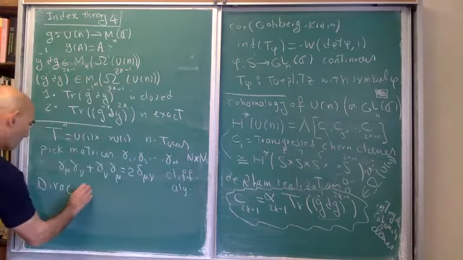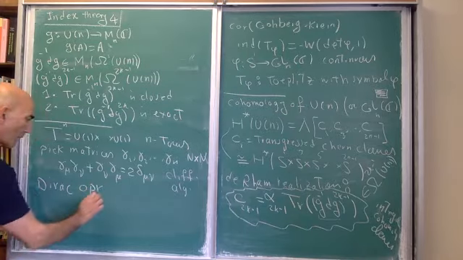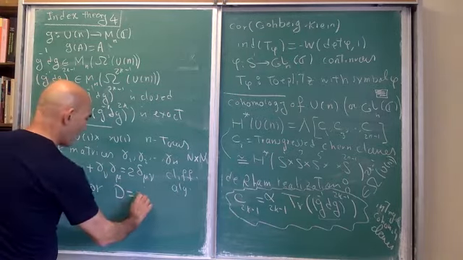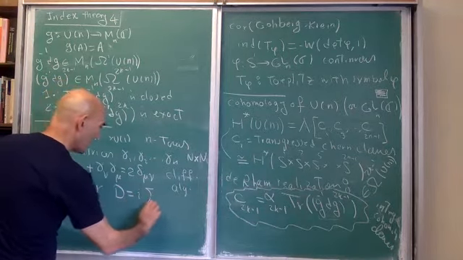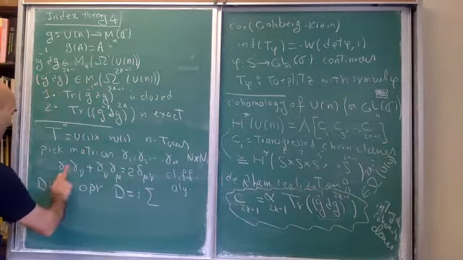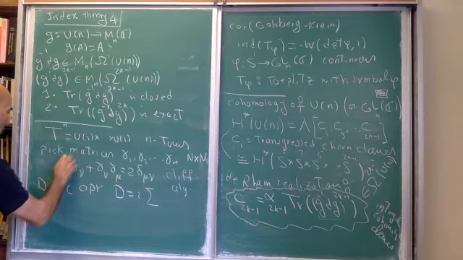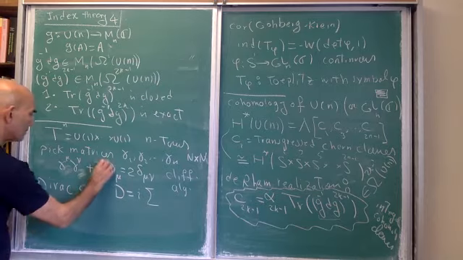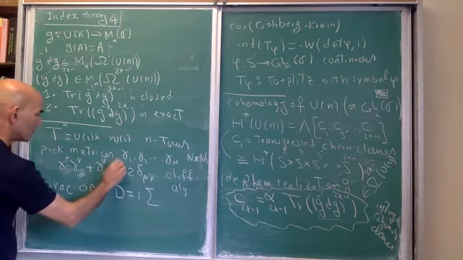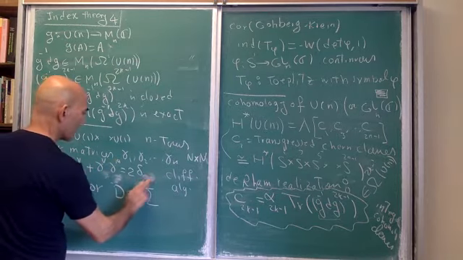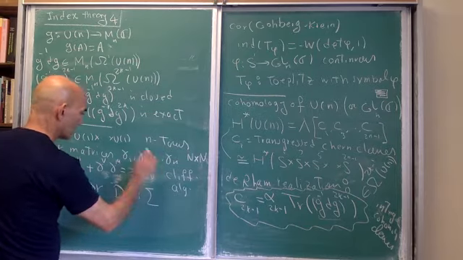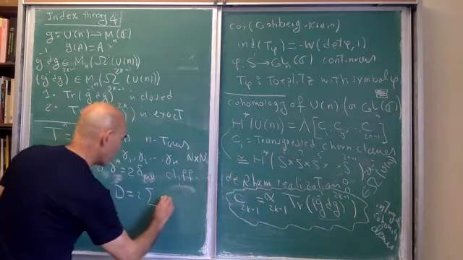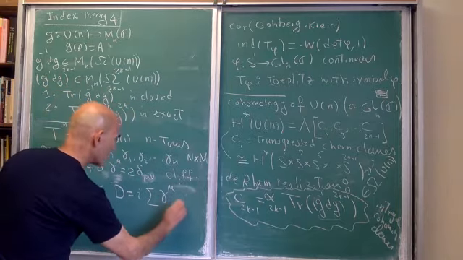So the Dirac operator D is equal to i sum of gamma mu d mu.